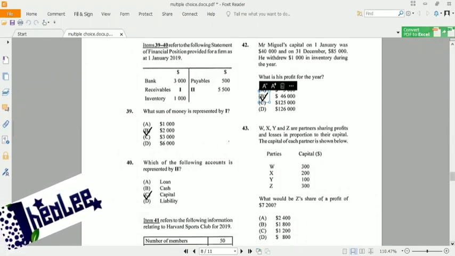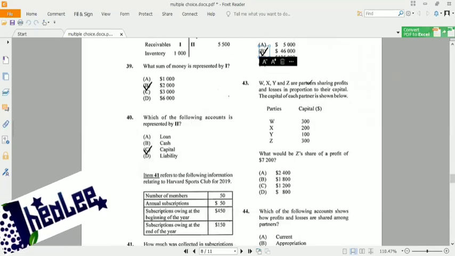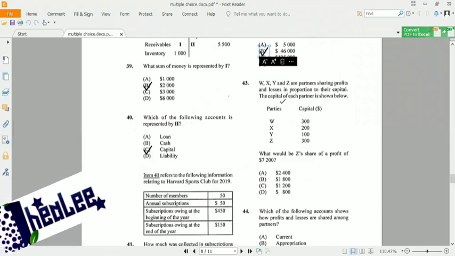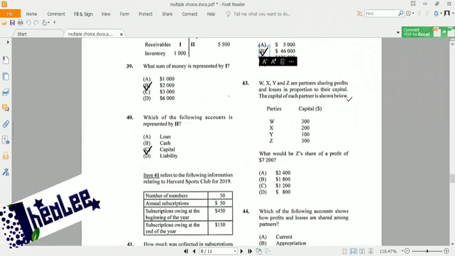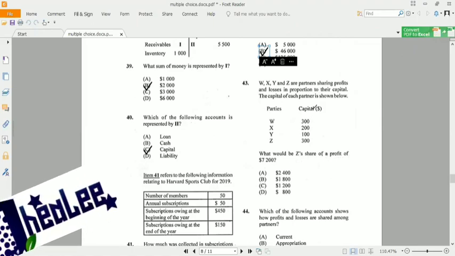Number 43, W, X and Y. W, X, Y, and Z are partners sharing profits and losses in proportion to their capital. The capital of each partner is shown below. What would be Z's share of profit of 72,000?